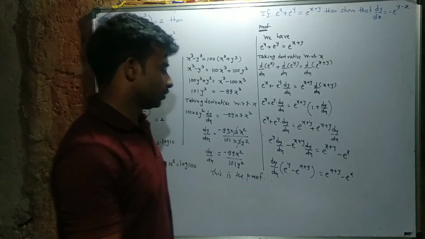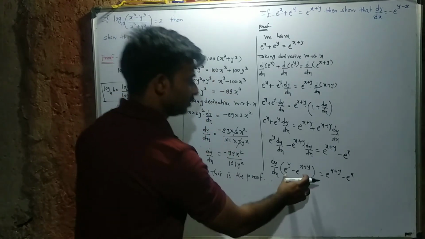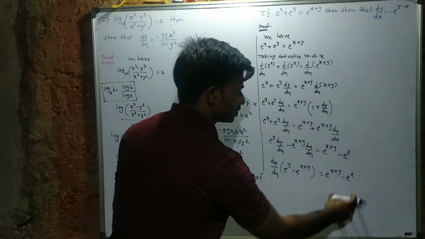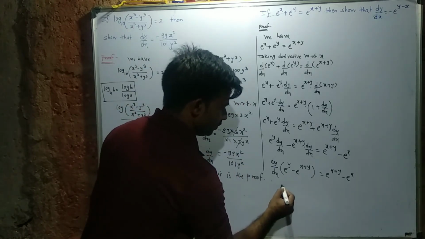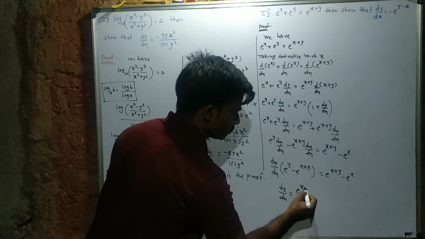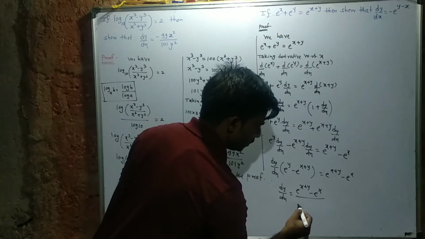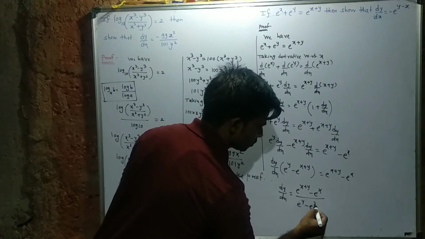Now dy by dx is taken common, then this term is transferred to that side, and you will get dy by dx is equal to e raised to x plus y minus e raised to x divided by e raised to y minus e raised to x plus y.